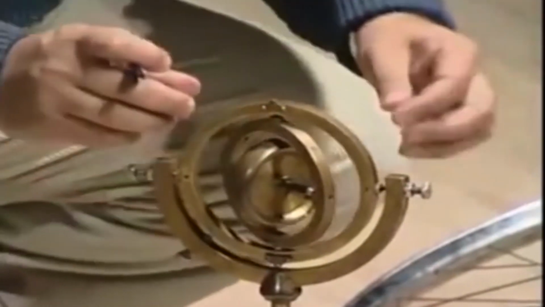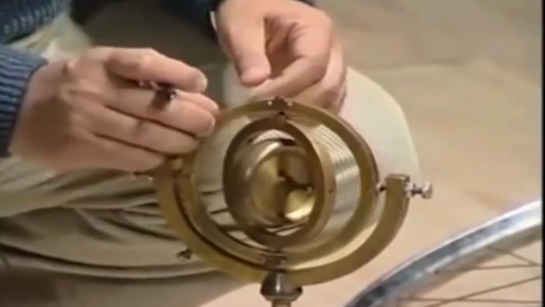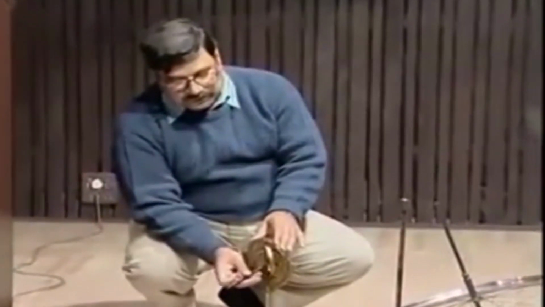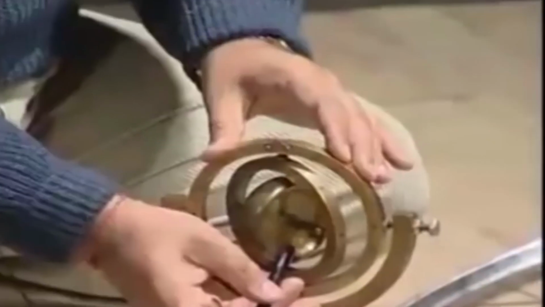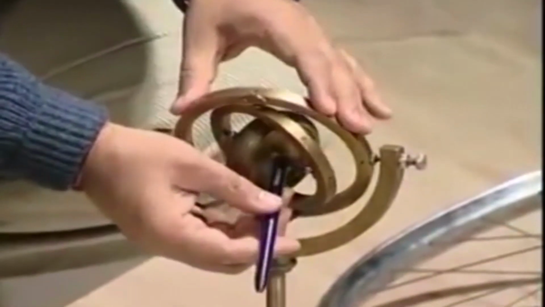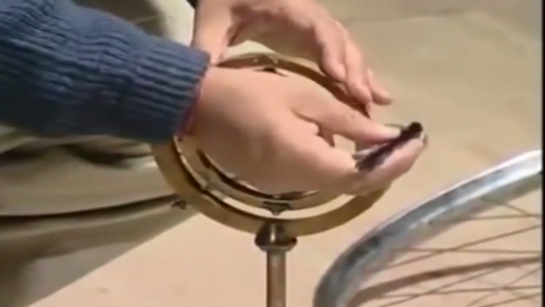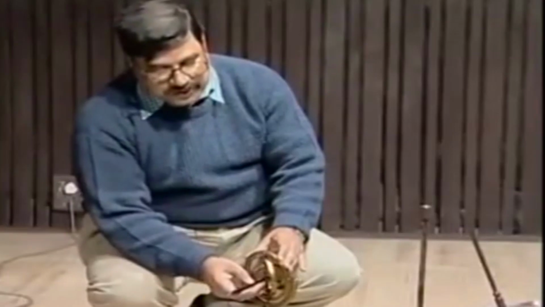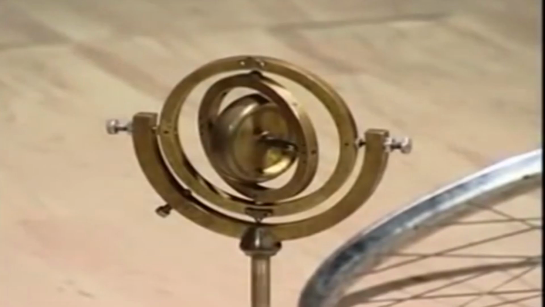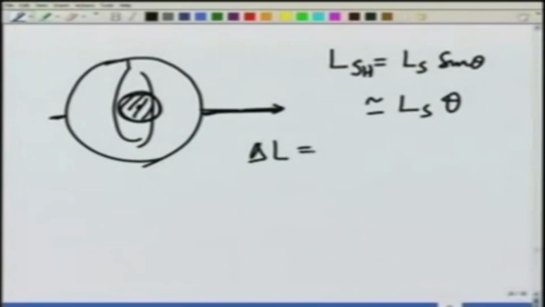Now, when I give the outer frame a rotation, you see this component changes, this component develops a delta L in this direction. And how much is that delta L? You can see this is horizontal, is going to go down, is going to be outer omega times delta t times this component itself. So, delta L is going to be equal to Ls theta times omega delta t, this way.